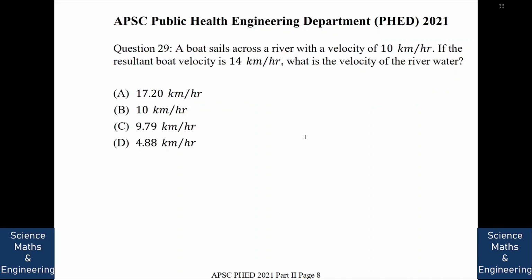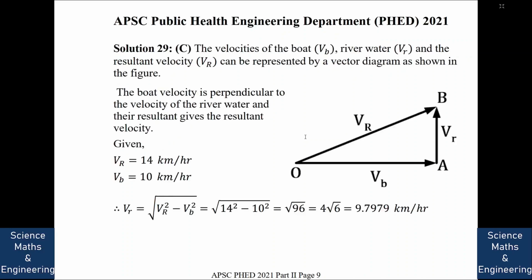A boat sails across a river with a velocity of 10 km per hour. If the resultant boat velocity is 14 km per hour, what is the velocity of the river water? So the answer is C. Here we can consider the velocity of the boat as Vb, and the velocity of the river as Vr, and Vb and Vr are perpendicular to each other.